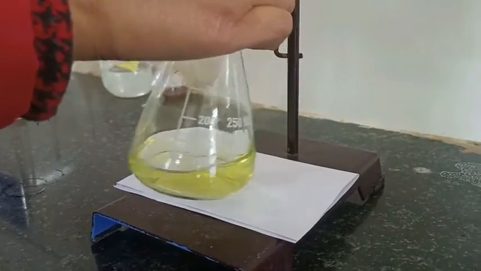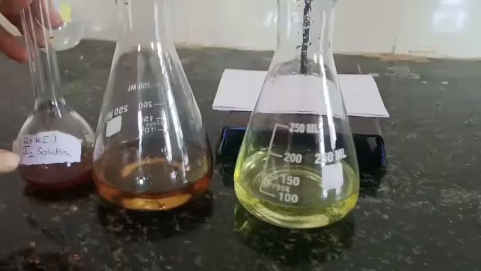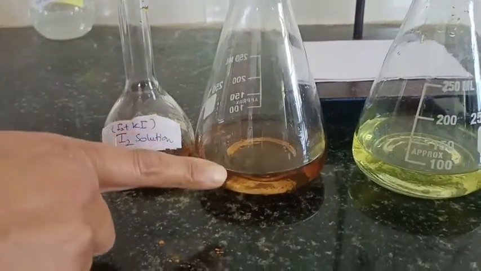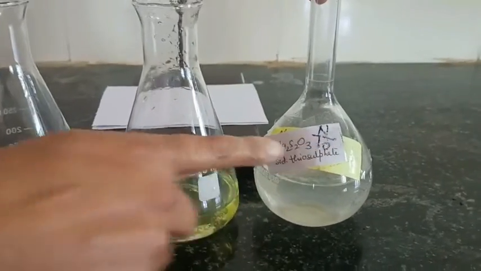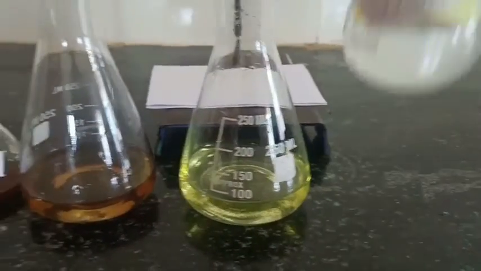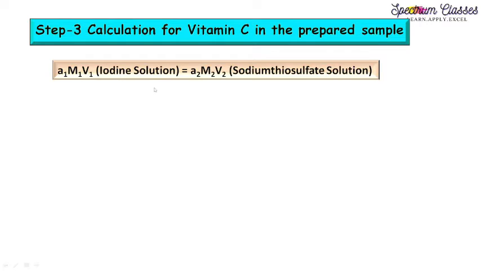You just see, the color of the iodine solution disappears and the final reading of the burette is about 1.7 ml. Now we are seeing, when we titrate this vitamin C solution against iodine, then we get a brown color, and if we do the back titration, then we get the vitamin C color at the end point. Let's do the calculation part.